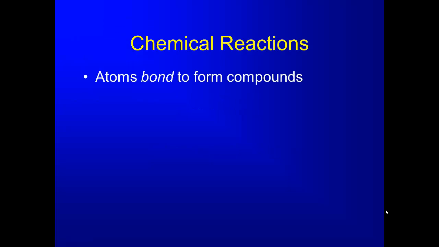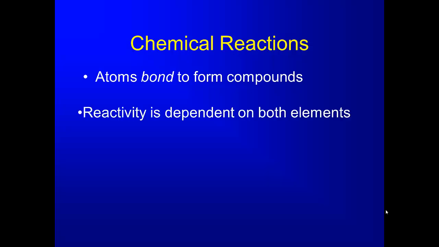So we have chemical reactions. What is a chemical reaction? Well, atoms will form bonds when you make compounds. So this is under the slide that says chemical reactions. A chemical reaction is a property of both the elements: hydrogen and oxygen will make water. Well, that's a chemical property of hydrogen and oxygen.